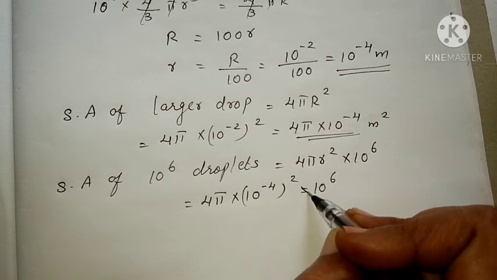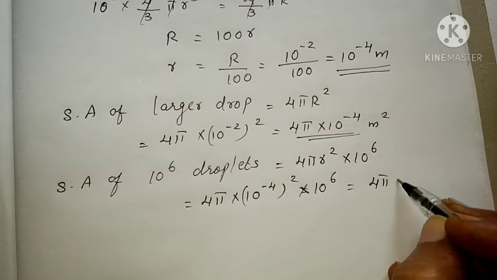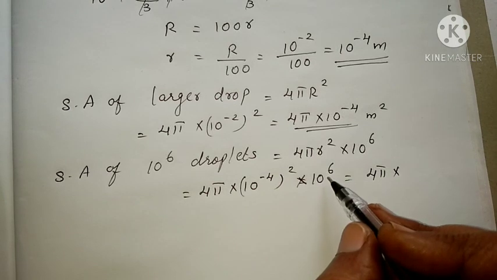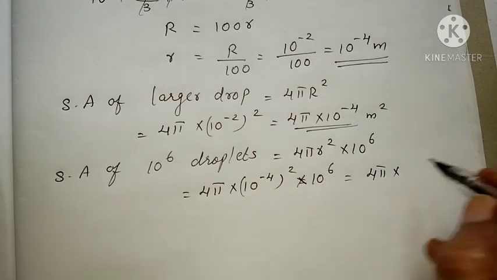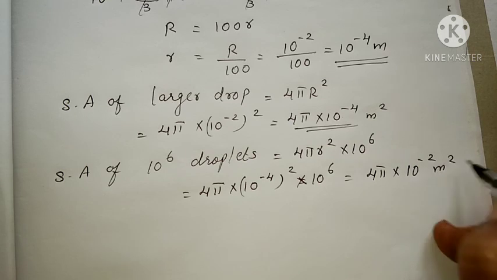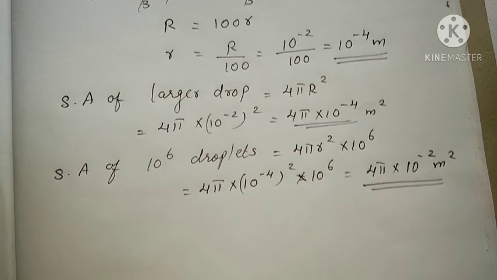So that is equal to 4 pi into 10 raised to minus 4 into 2, that is minus 8, into 10 raised to 6, that is equal to 4 pi into 10 raised to minus 2 meter square. This is the surface area of 10 raised to 6 droplets.